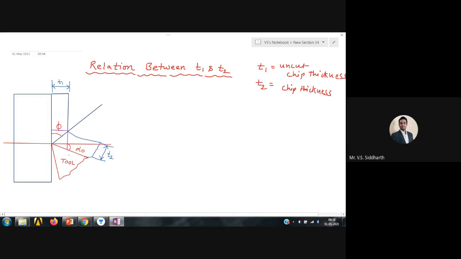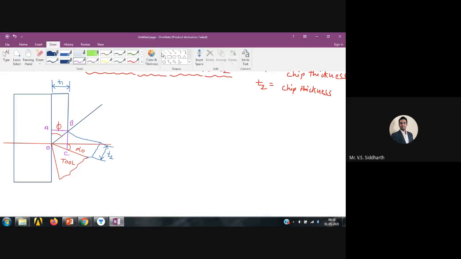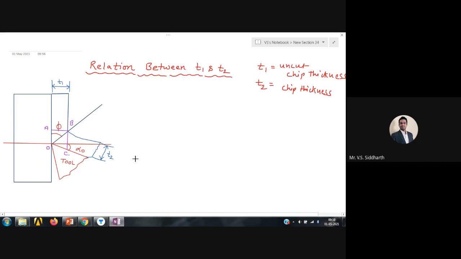I'm naming this as A, this as B and this as C. And here it is O. So I am drawing a magnified view of this particular diagram here.